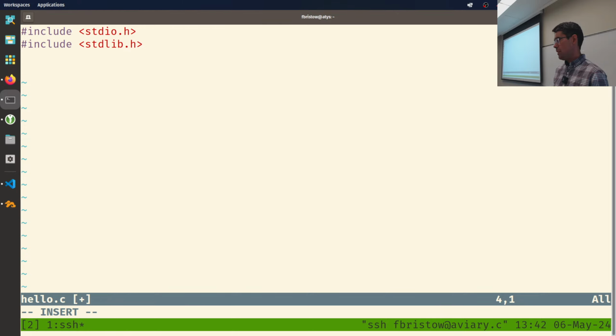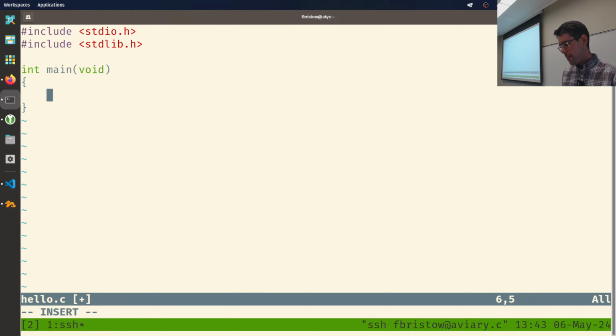We have functions. We need a return type. The main function in C has a return type of int. It's a number. It's called main in the same way that it is in Java. For now, I'm going to write void here as an argument.